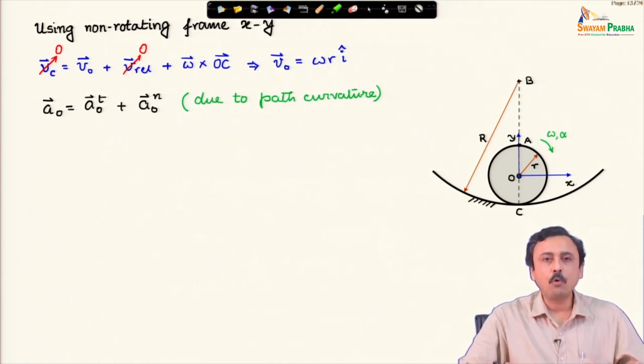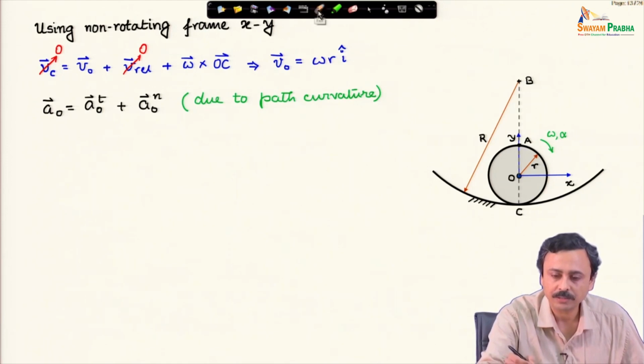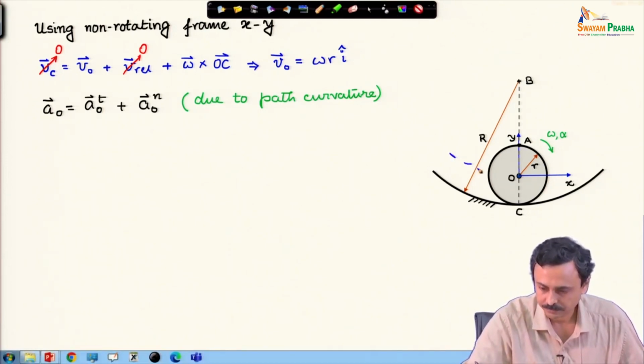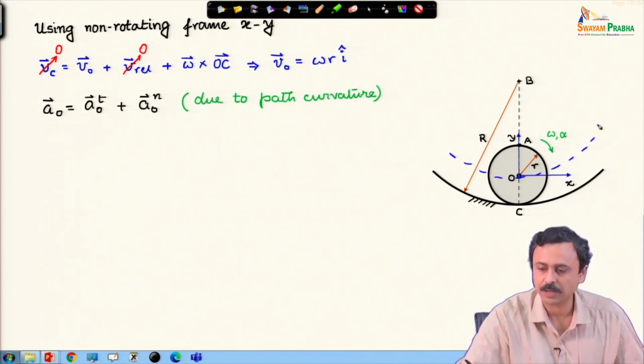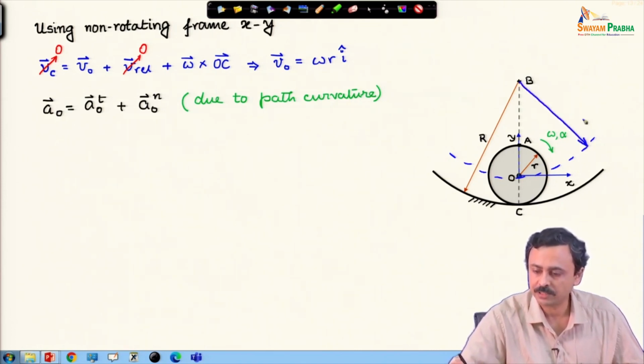Now, the acceleration of O, the center point. See, the center point is moving on a curved path, a circular path. And what is the radius of curvature of the path?